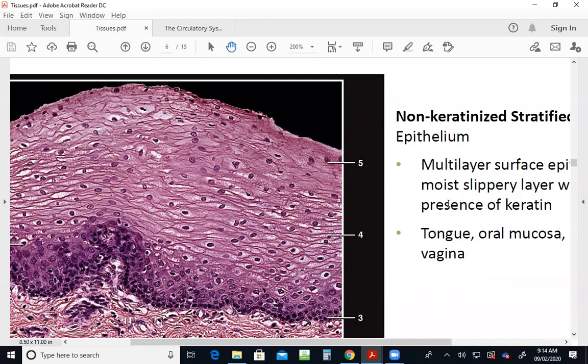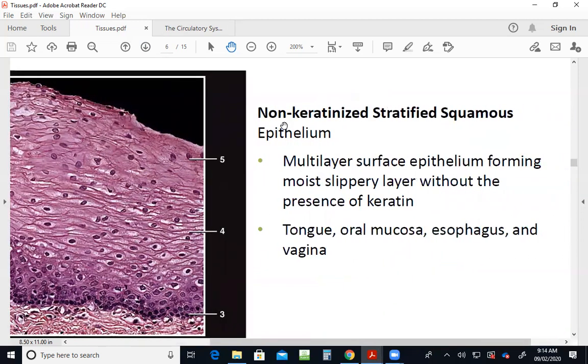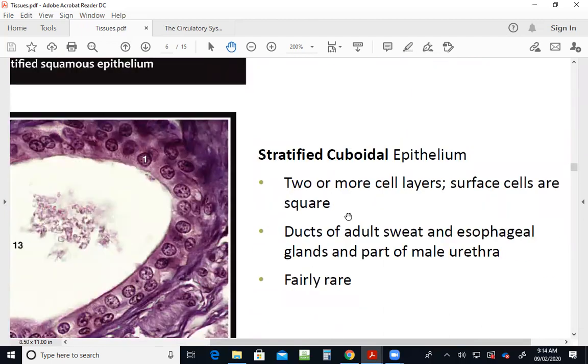But we find this in like the inside of our mouth. That's what oral mucosa is. The outside of our tongue, we all know those are very nice and moist. Female vagina, so on and so forth. Okay, key feature here is flat plate-like cells, many layers thick, without the presence of keratin, hence the name non-keratinized.